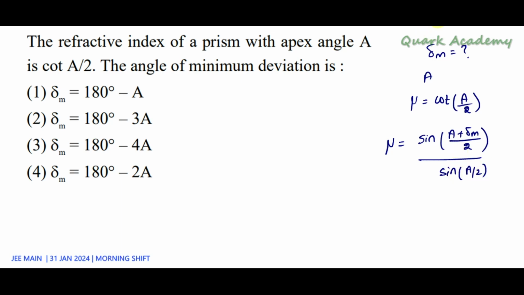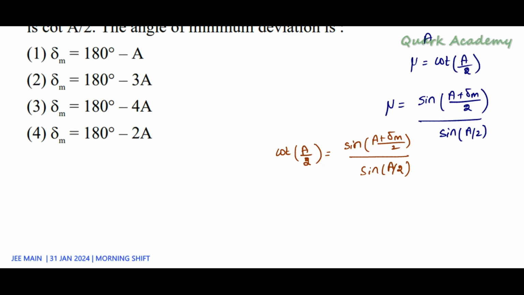So let me substitute the refractive index here. Refractive index is cot of A by 2, which is equal to sine of (A plus delta min) by 2 divided by sine of A by 2. Let's expand this cot function. This cot function can be written as cos by sine.